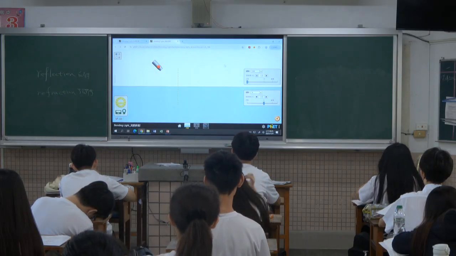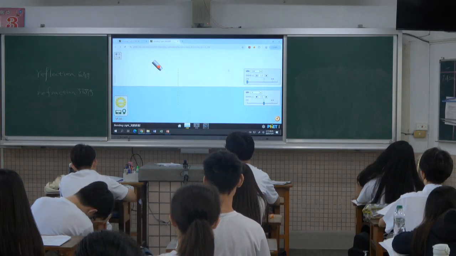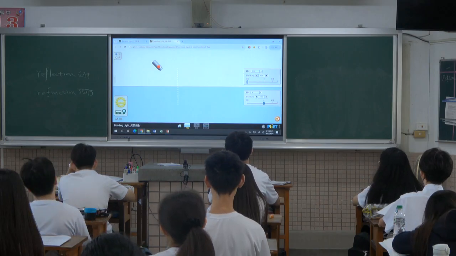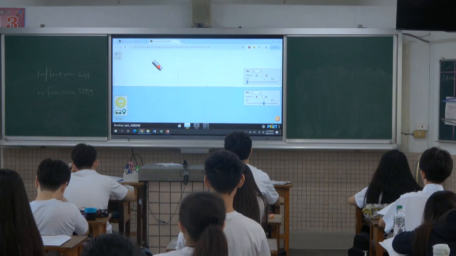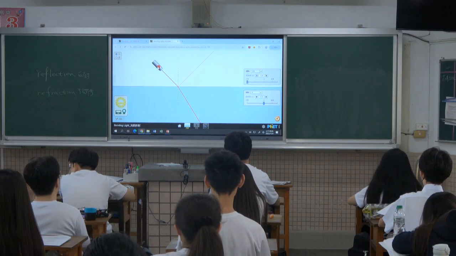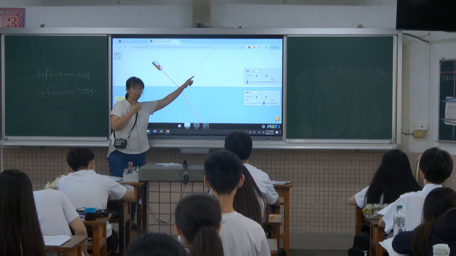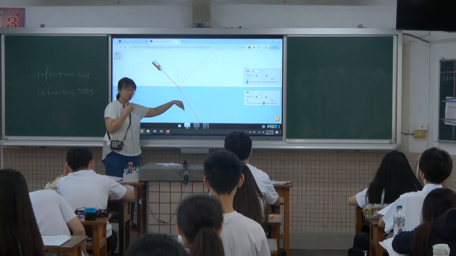In this simulation, you can change the material. Now I choose the material is air. From air into water. So open the light, you can see the partial reflection and the partial refraction.